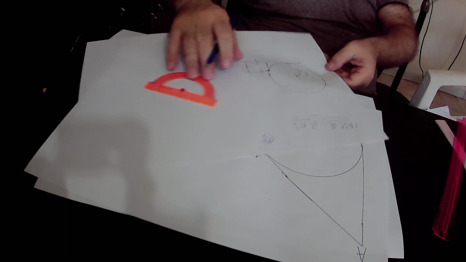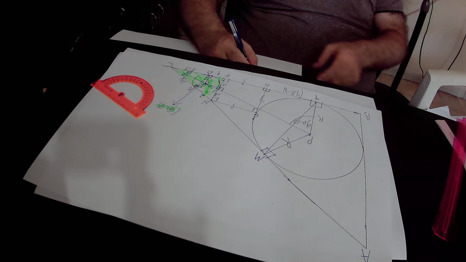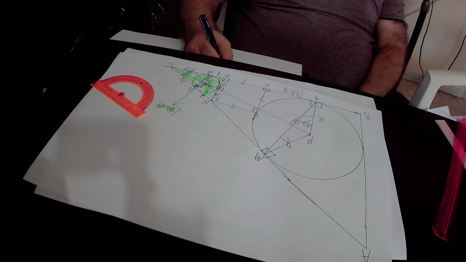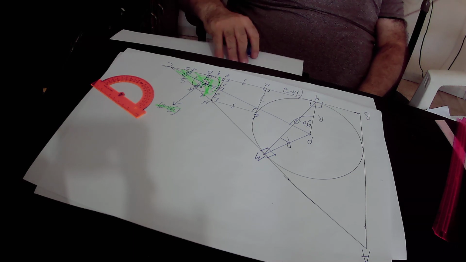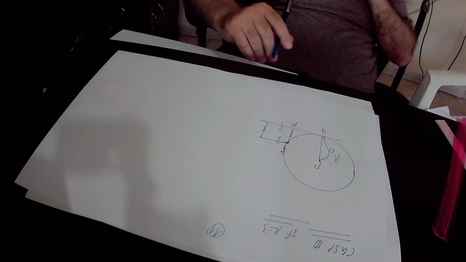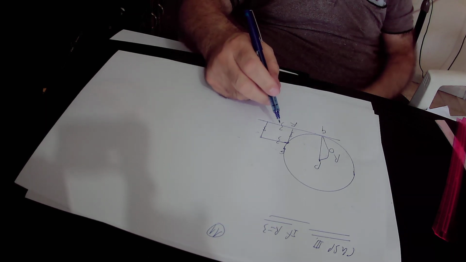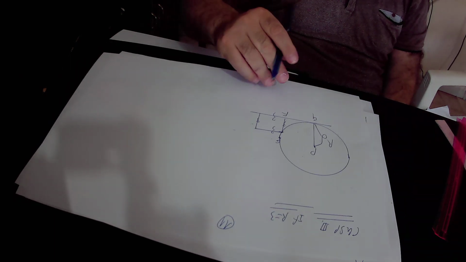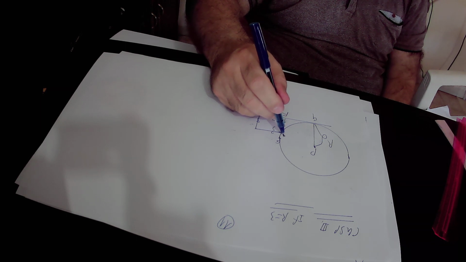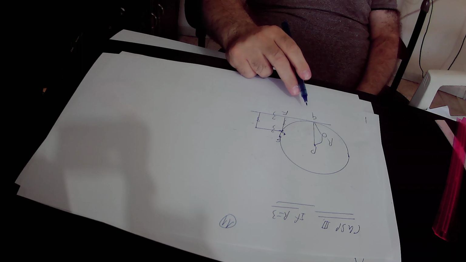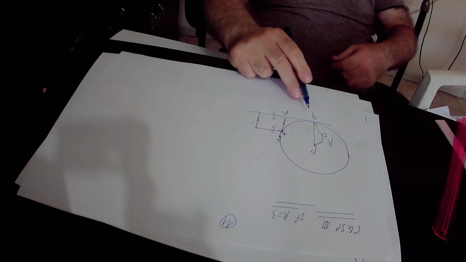So I have here, from point L we draw perpendicular on the radius PQ.